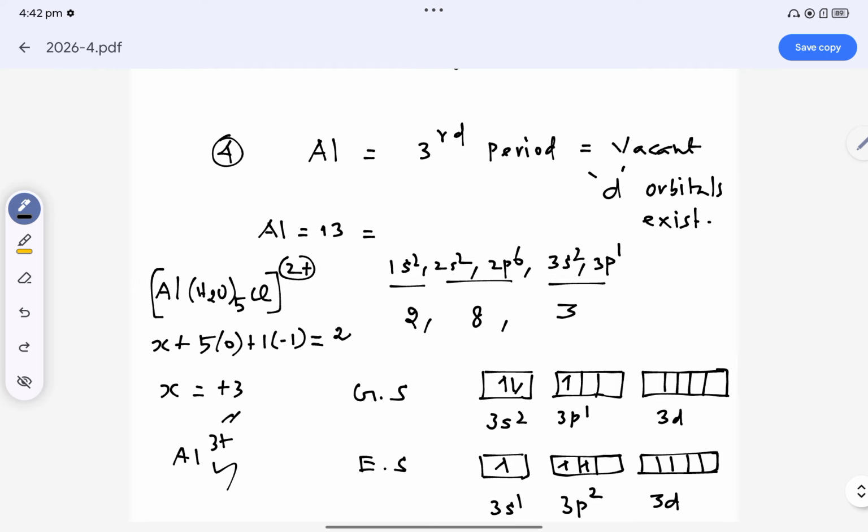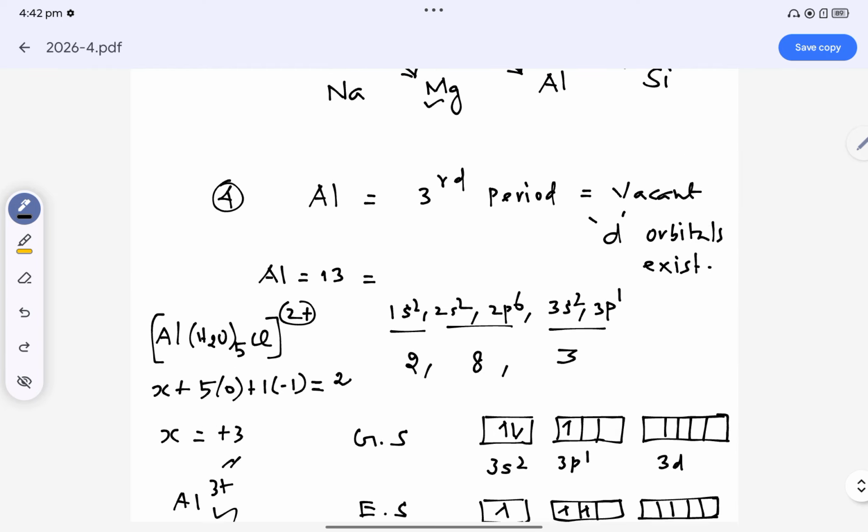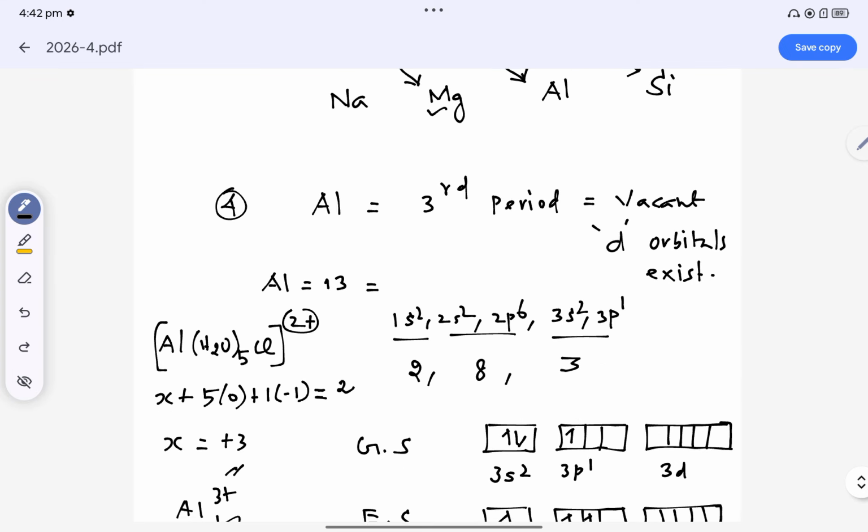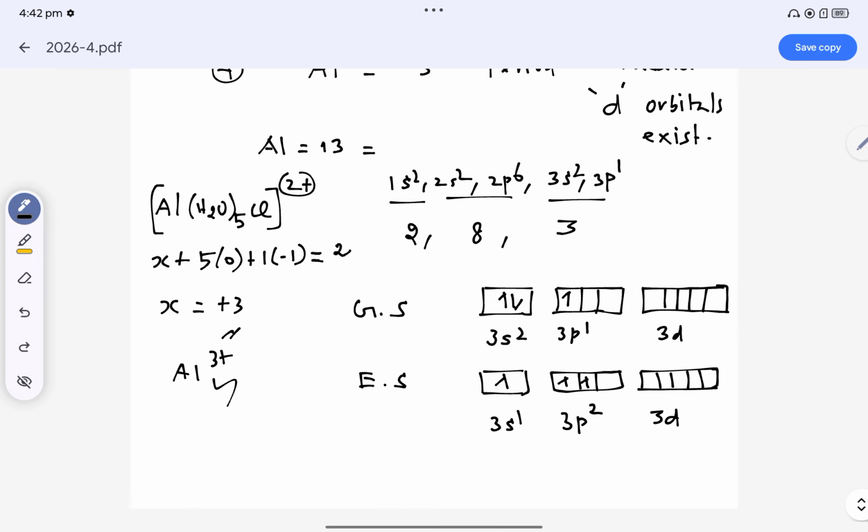Next we go to covalency. What is covalency? My dear students, listen carefully. Covalency is nothing but the number of covalent bonds plus coordinate bonds, also called dative bonds.